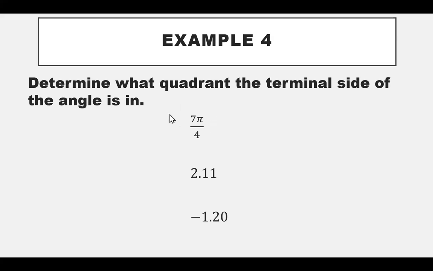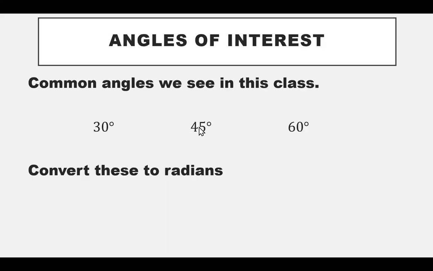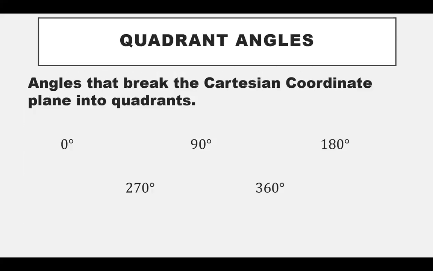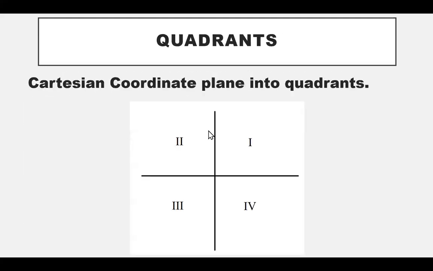Now, with something like 7 pi over 4, what we could do is go back to our quadrants and think about where 7 pi over 4 is going to land. You can do that in the exact values if you want, but you can also do that in the approximate values.